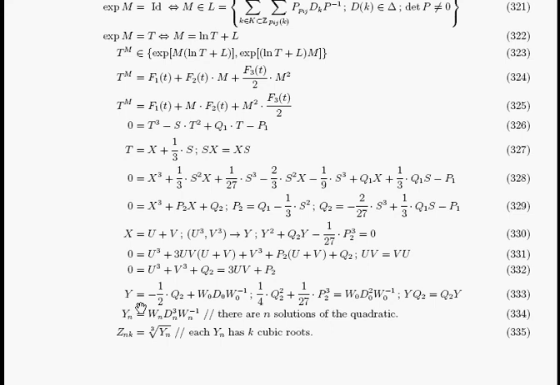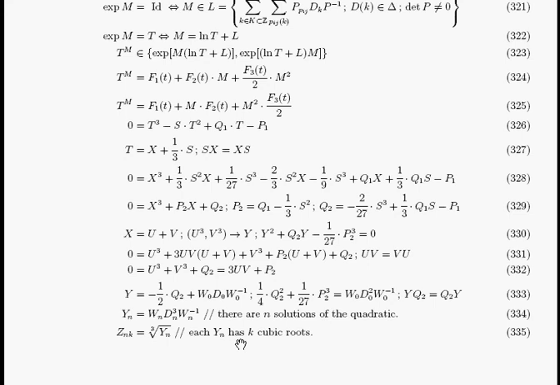We let Y be minus 1 over 2 Q2 plus W0 D0 W0 inverted. This is the solution of the quadratic. Our delta is the square of a matrix, W0 D0 squared W0 inverted. So this is the square root of delta, and there are n solutions of the quadratic, Yn. We're going to extract the cubic roots of Yn.